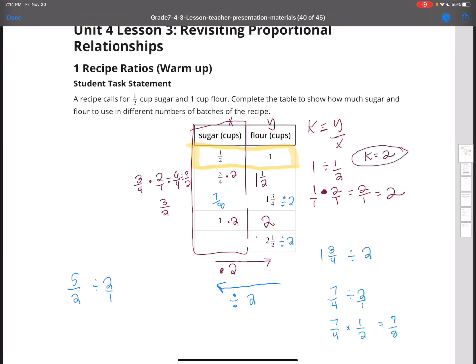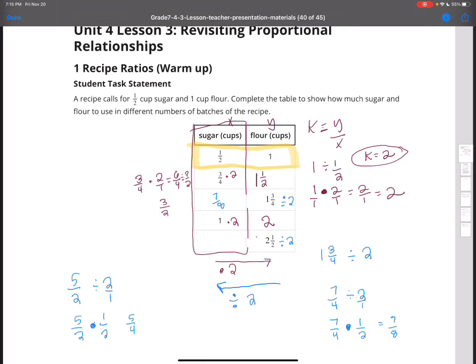Keep in mind, to change a whole number into a fraction, we always put 1 underneath. So now, anytime you divide a fraction, you want to apply the multiplicative inverse, which is times 1/2. So it's going to be 5 over 4.